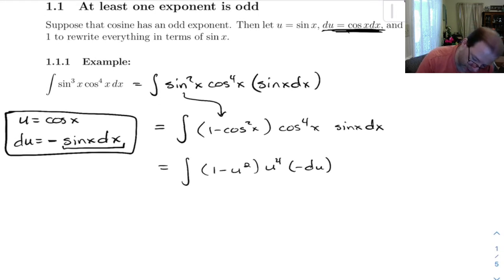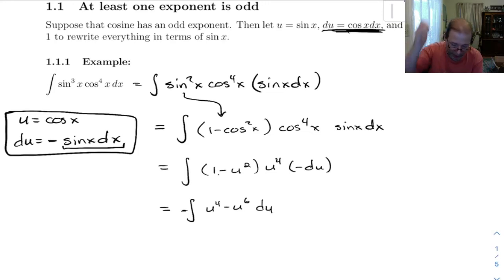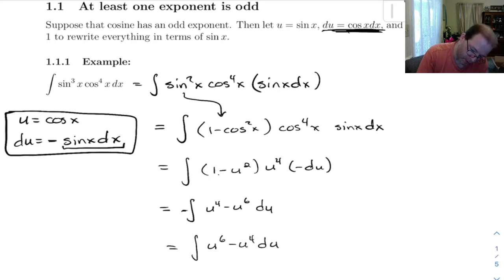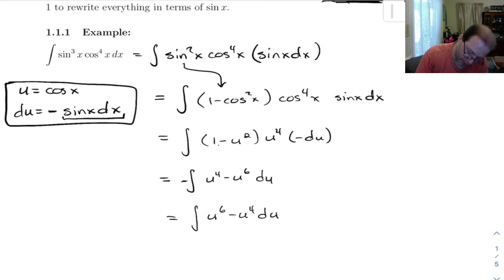All right, so I'm going to pull my negative out front, and then I'm going to distribute these together. So you get u to the 4th minus u to the 6th du. And let's see, what next? I'm going to get fancy here. I'm going to distribute that negative in and get u to the 6th minus u to the 4th. And now I can integrate this thing.